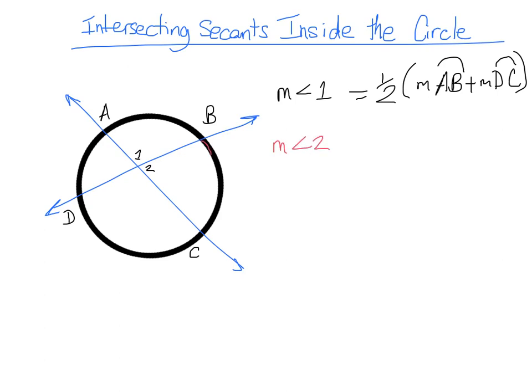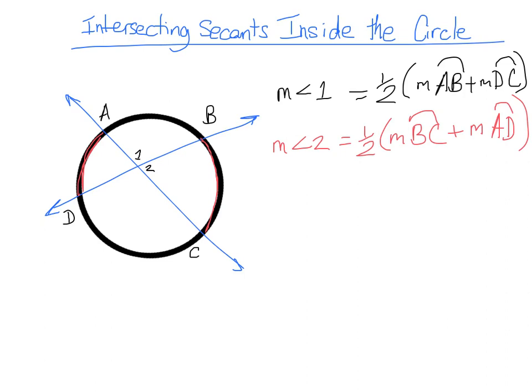All right, so intercepting arc of 2 is here, the opposite arc of 2 is over here, which means the measure of angle 2 is equal to half the measure of arc BC plus the measure of arc AD.